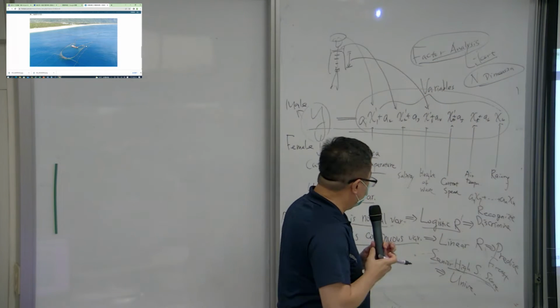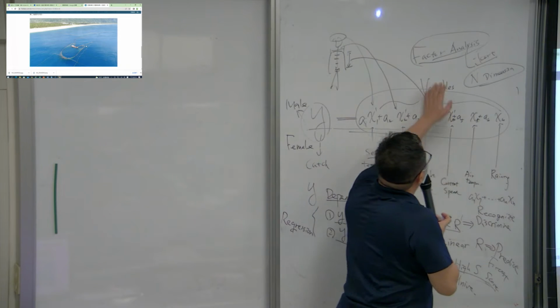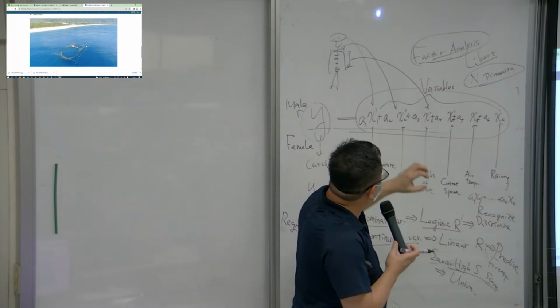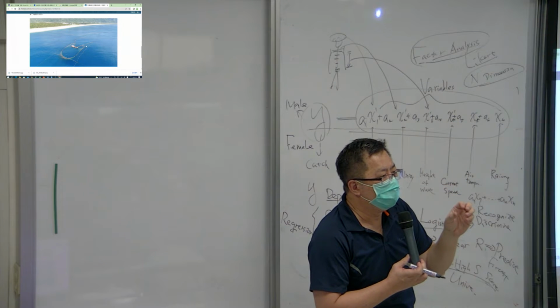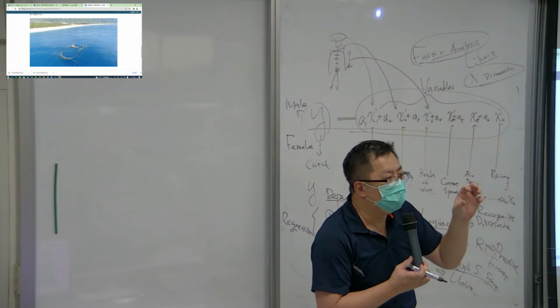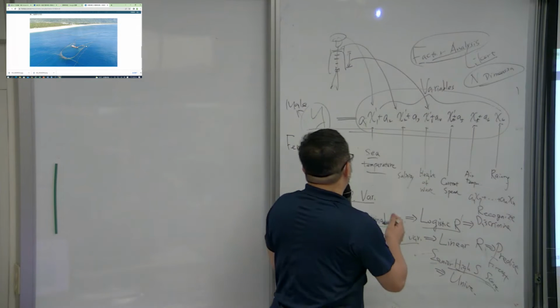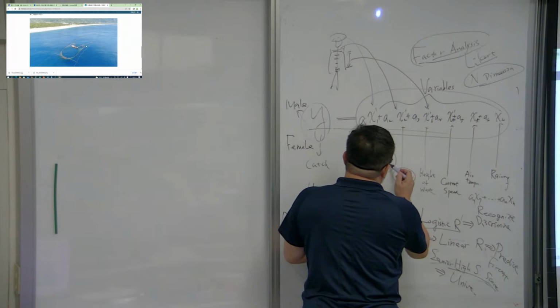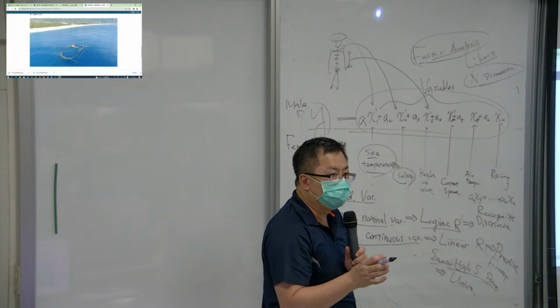But what is factor analysis? Factor analysis is that all the variables have the same relationship. They are consistent. For example, sea temperature and salinity are very consistent.